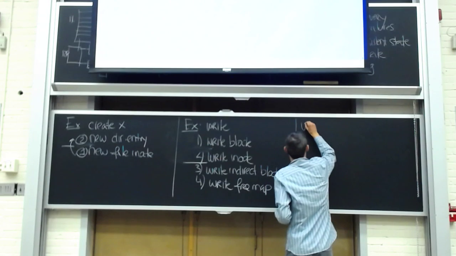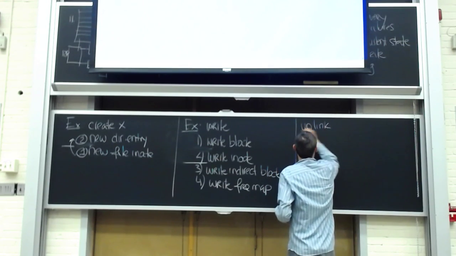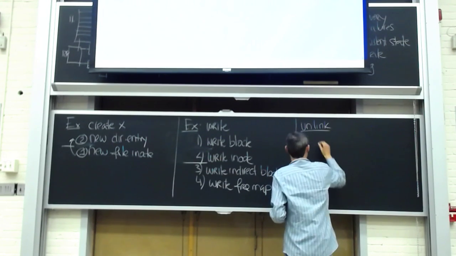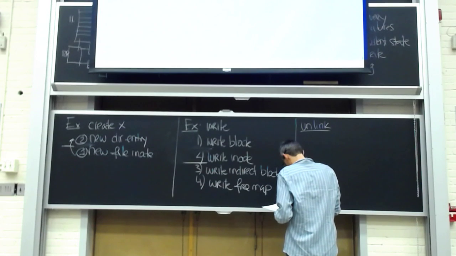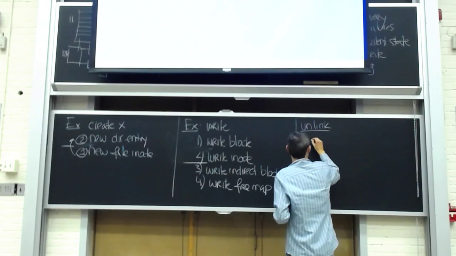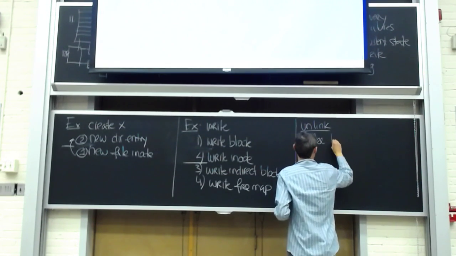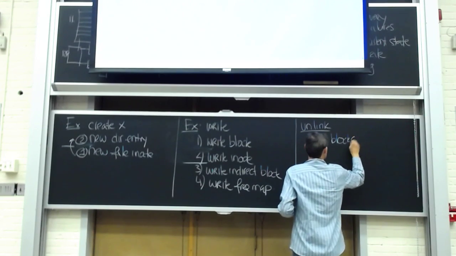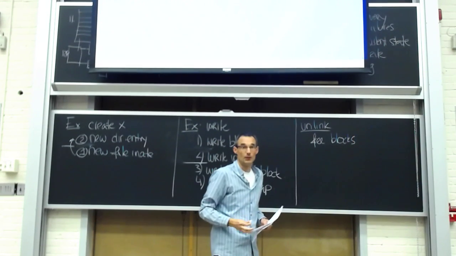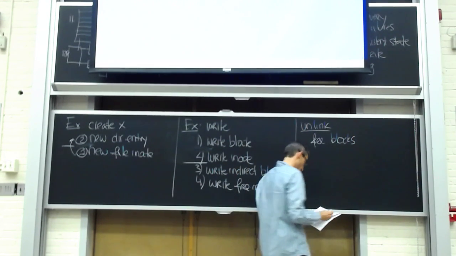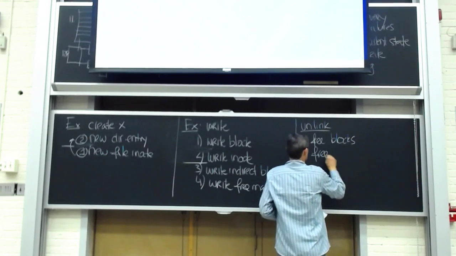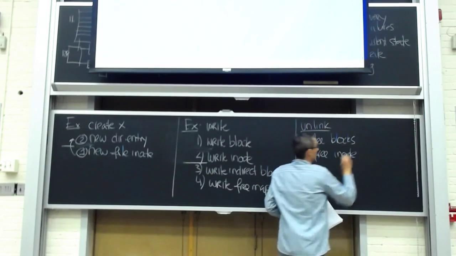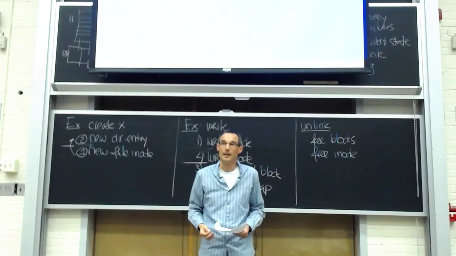So let's say we do an unlink of a file. What we need to do is free the blocks that belong to that file, and that means updating the free block map. We need to free the inode, which means updating the free inode blocks.